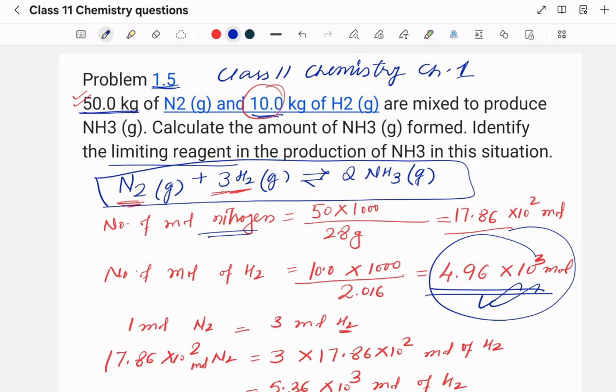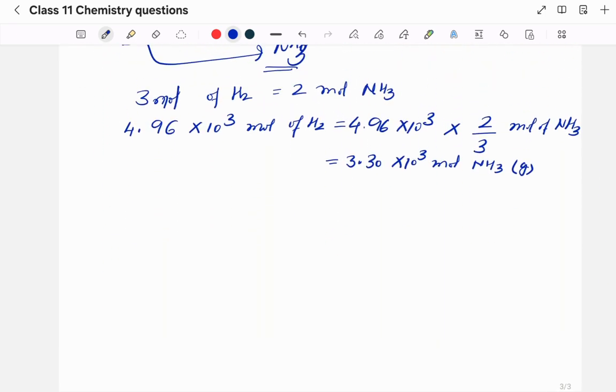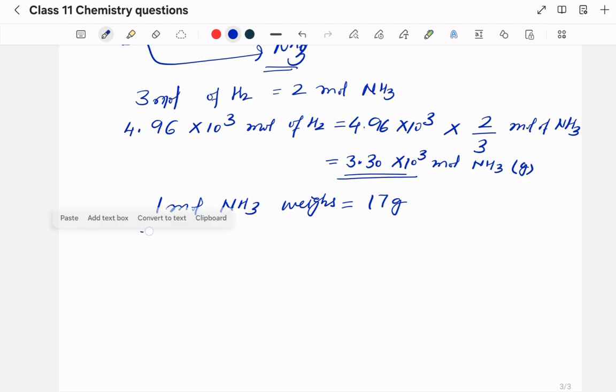But in the question we have been asked for the mass in grams, so we can also convert it into grams. 1 mole of ammonia weighs 17 gram. We have been given 3.30 into 10 to the power 3 moles of ammonia.